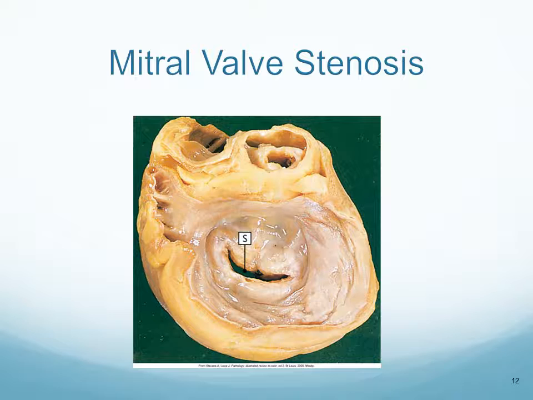When we have a stenotic valve, the familiar fish-eye appearance is what you'll read. You see that the valve is thick and narrow, and it doesn't close tightly, and the floodgates don't open very easily.